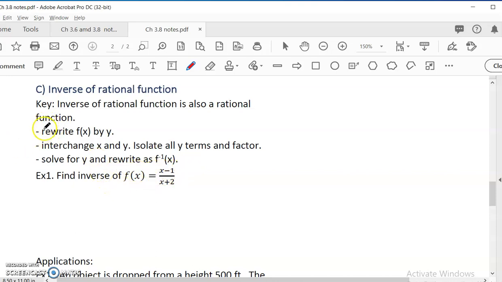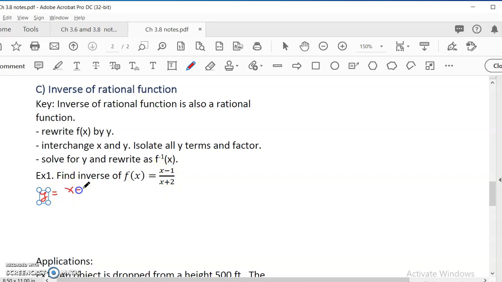The way we do it is the same. You rewrite y as f of x, you interchange x and y, and you solve. But they're a little tricky because y shows up in different places after you replace x and y, since you have x in both the numerator and denominator.